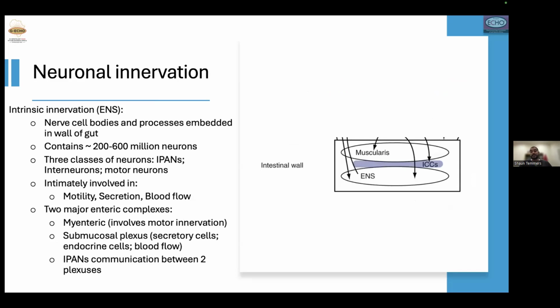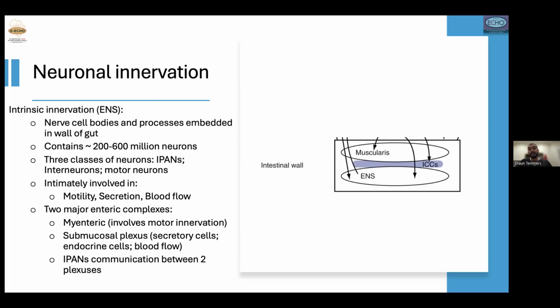That enteric nervous system, you can see, is summarized in the communication between nerve endings of the enteric nervous system, specialized cells known as interstitial cells of Cajal, and communication with the muscularis layer itself. The nerve cell bodies are present within the wall of the small intestine, and the processes are embedded within the gut itself. There are somewhere between 200 and 600 million neurons found there.